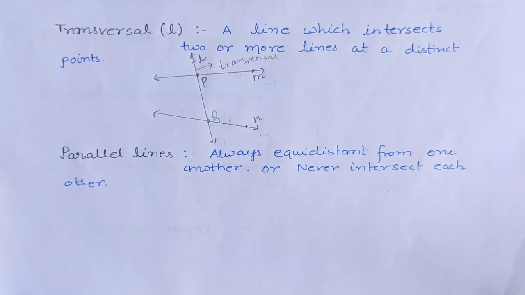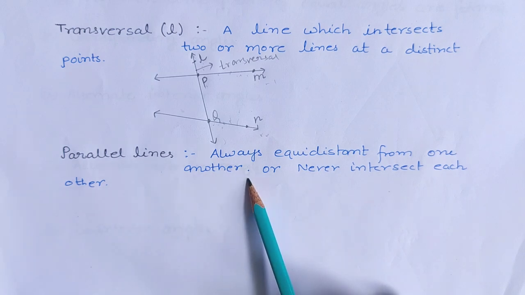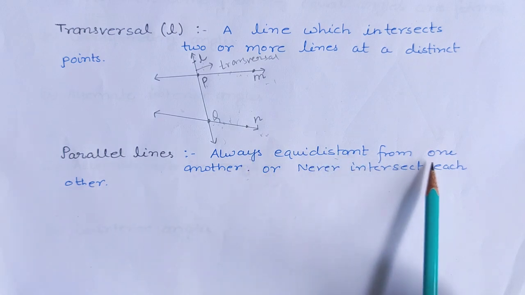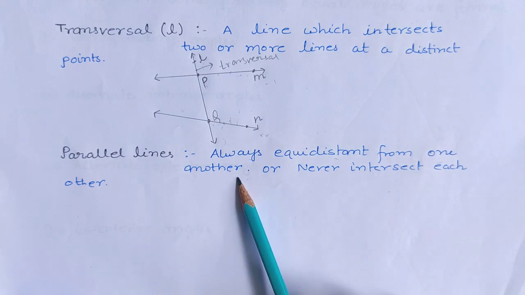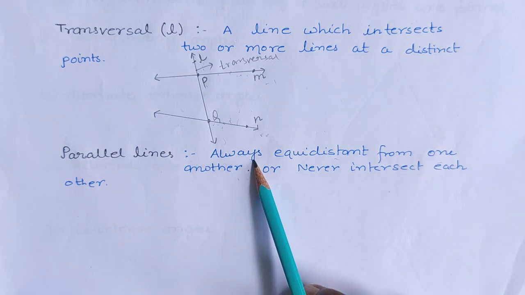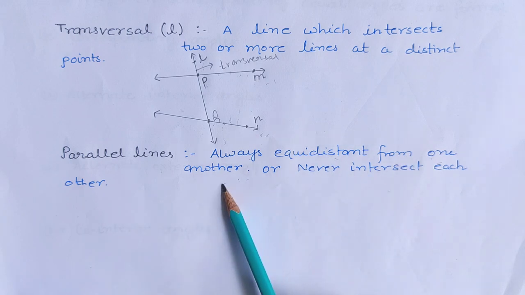Now the next topic is parallel lines. What are parallel lines, students? I have told you earlier also what parallel lines are. Two definitions we can give: the lines which are always equidistant from one another.